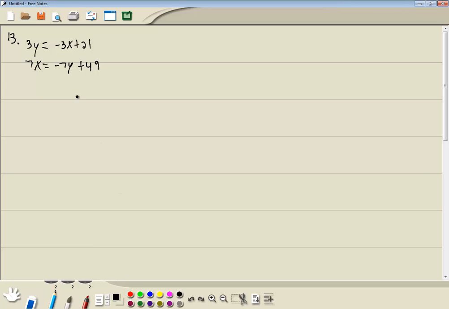Let's see what happens with this. Notice that basically they have the same numbers before the x's and y's once I get everything over on one side. But let's see what happens.